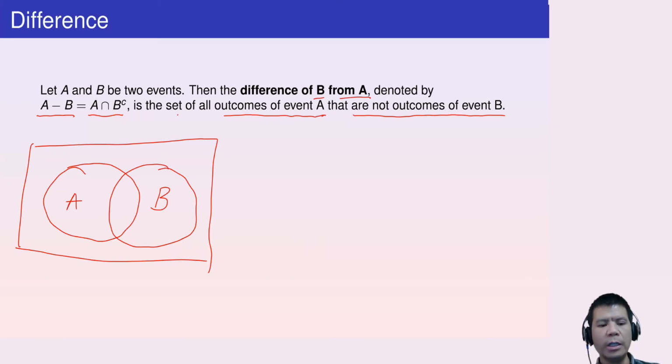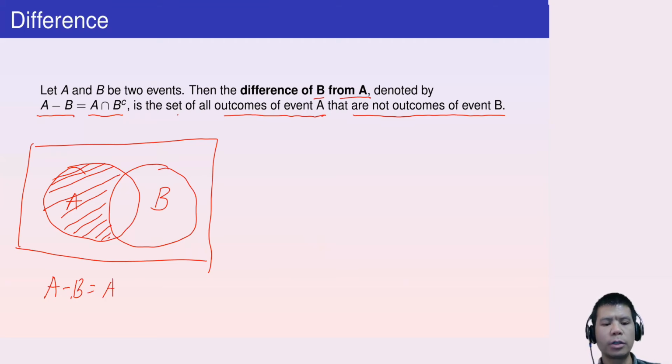So in A, but not in B. Okay, so A minus B equals A intersect B complement. So it's not including the intersection part.